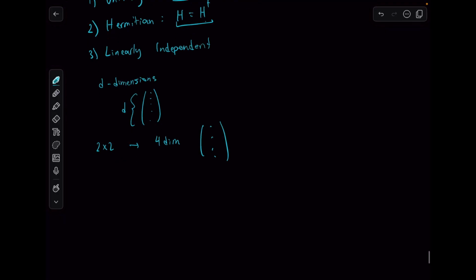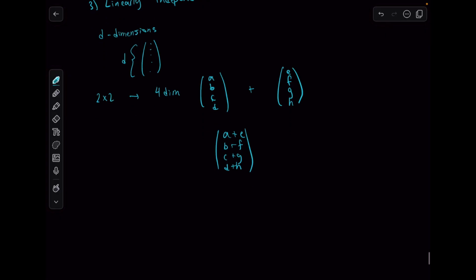The reason for that is because, at least when it comes to taking linear combinations, the rules are exactly the same. If you want to add two vectors, let's say A, B, C, D, and E, F, G, H, the rules for addition are A plus E, B plus F, C plus G, and D plus H. Now, what if you wanted to add together two matrices?